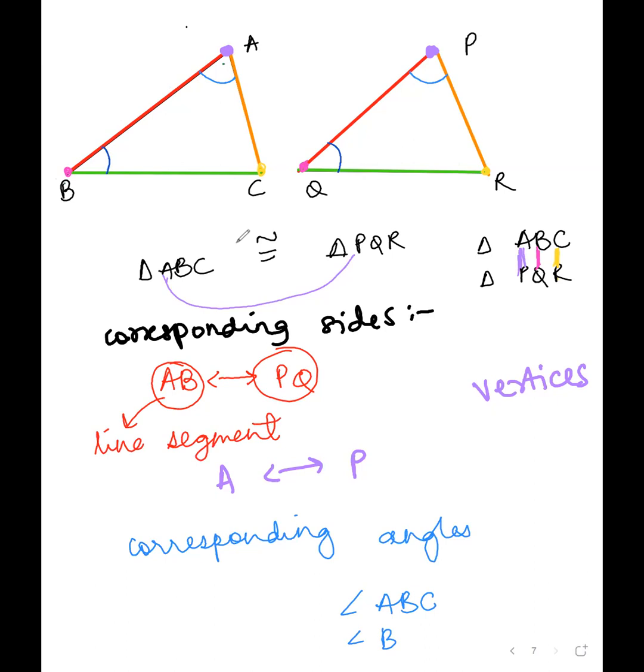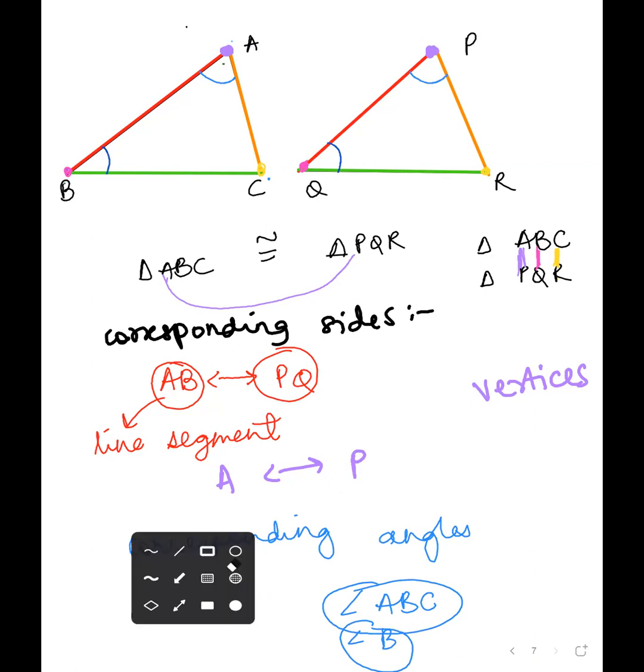How do you name an angle? You will say angle A, which is over here, or another way to name angle A is angle BAC. They will never write only two letters. They will either write one letter or three letters. They might say angle A and angle B. What does that mean? This is angle A. This is angle B.